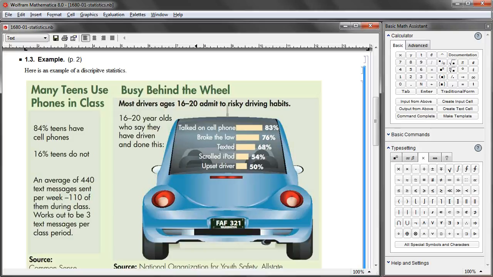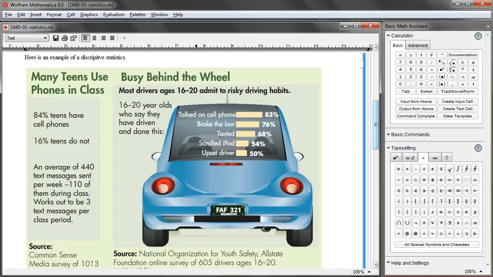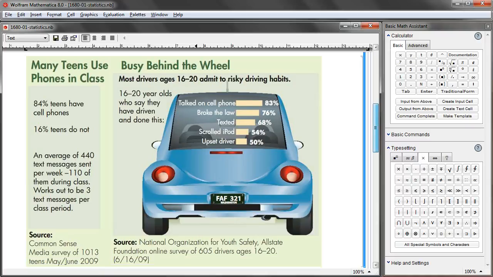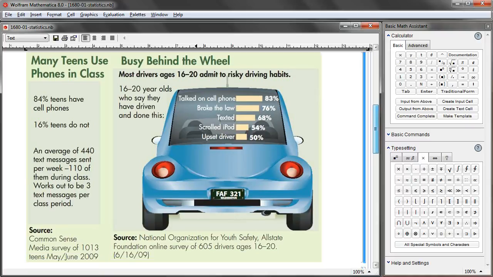It's hardly mathematical, I know, but it helps people understand this is about not just teens or not just cell phones, but it's about driving. So even pictures are related to presentation of data.